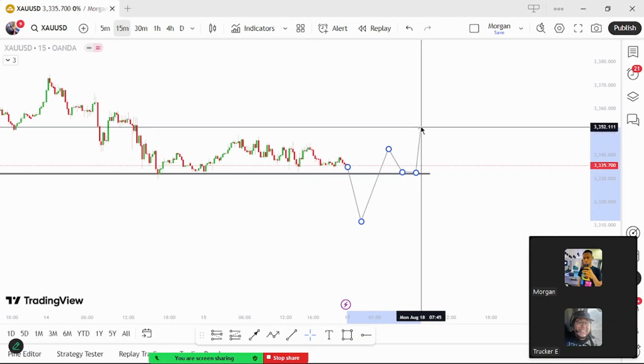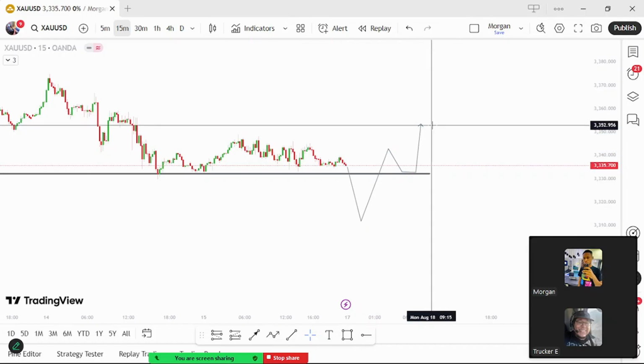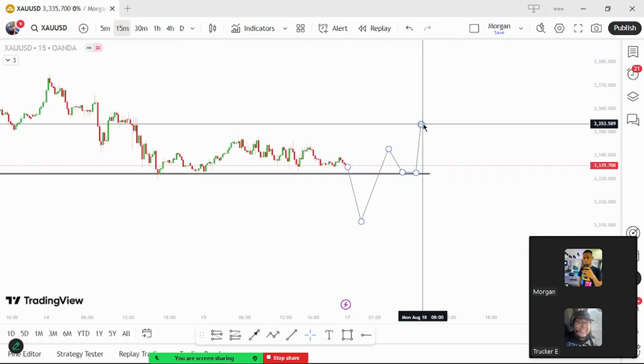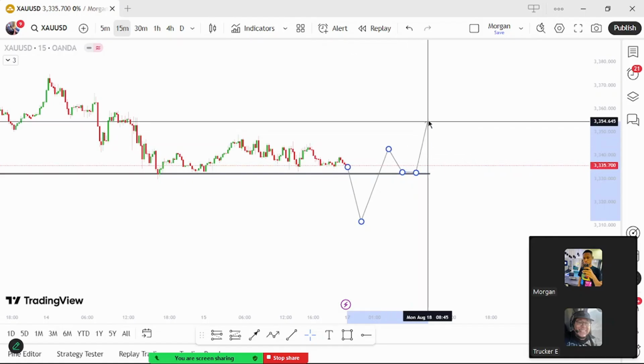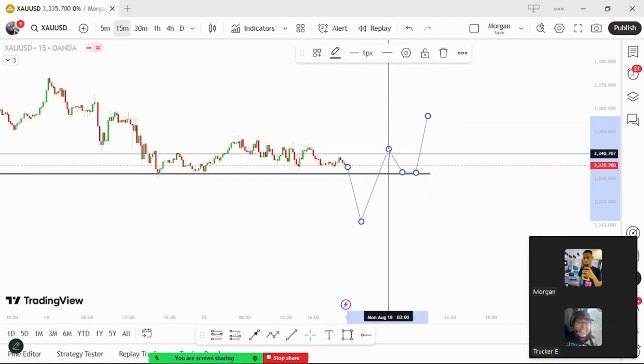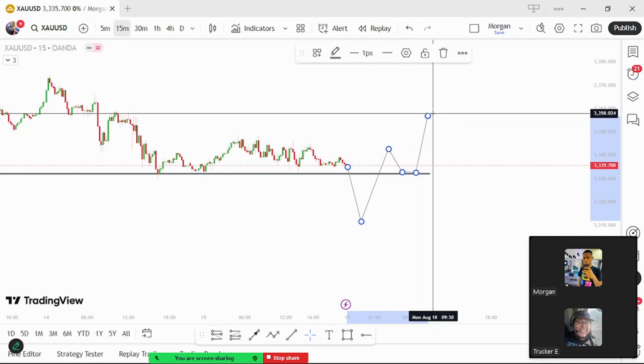Exactly, it's in the continuation phase before it goes back that last time. Because if this holds and then price takes out this level, this becomes a new indication.